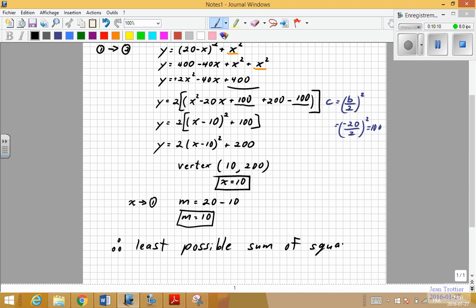So we'll write that out. So we know m squared plus x squared is 10 to the power of 2 plus 10 to the power of 2, again is 100 plus 100 equals 200.